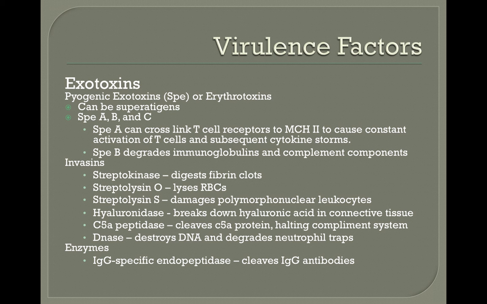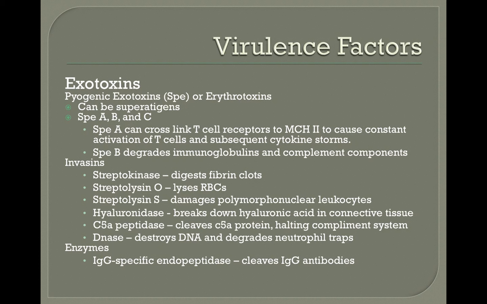S. pyogenes also releases exotoxins, the most serious being pyrogenic exotoxins, also known as erythrotoxins. The important ones have been identified as A, B, and C. These can act as superantigens in certain M-type S. pyogenes. So superantigen A is able to cross-link T-cell receptors to MHC II.